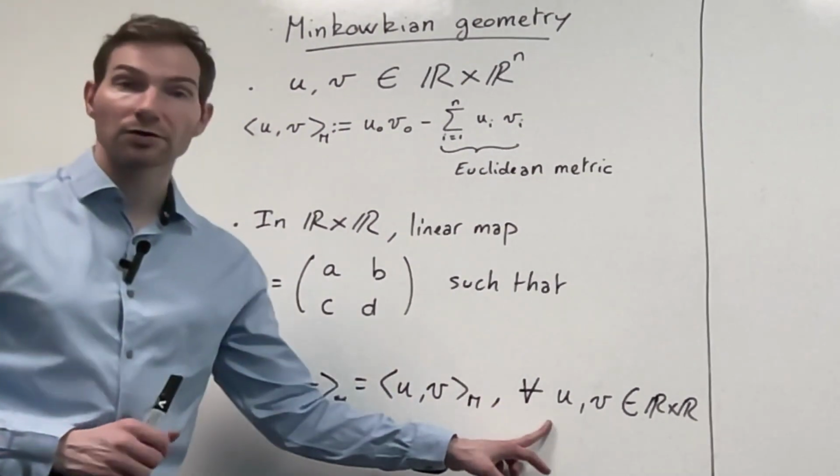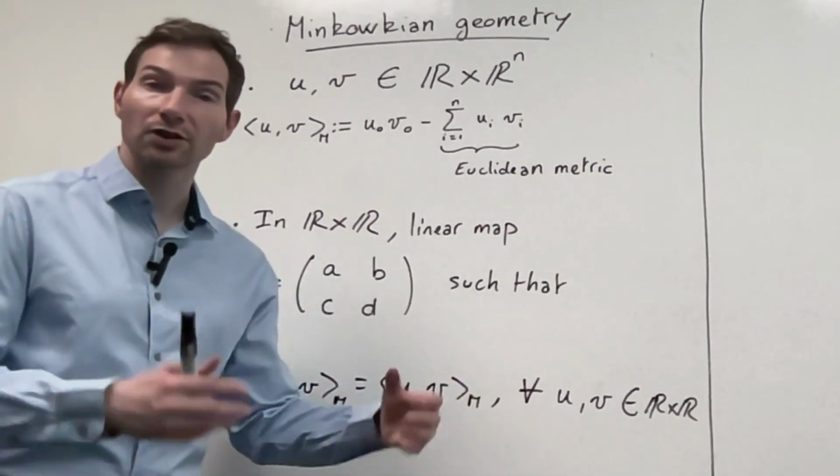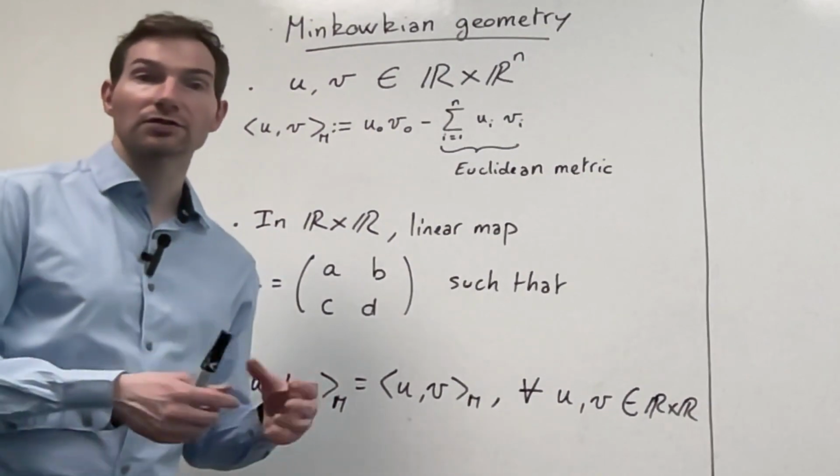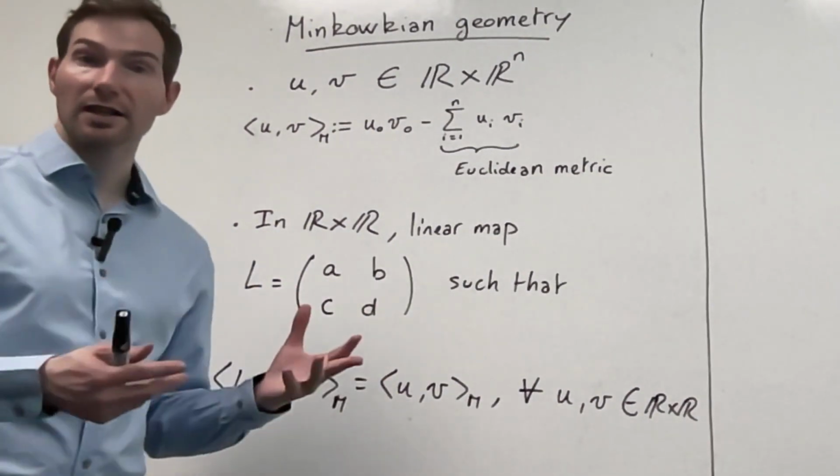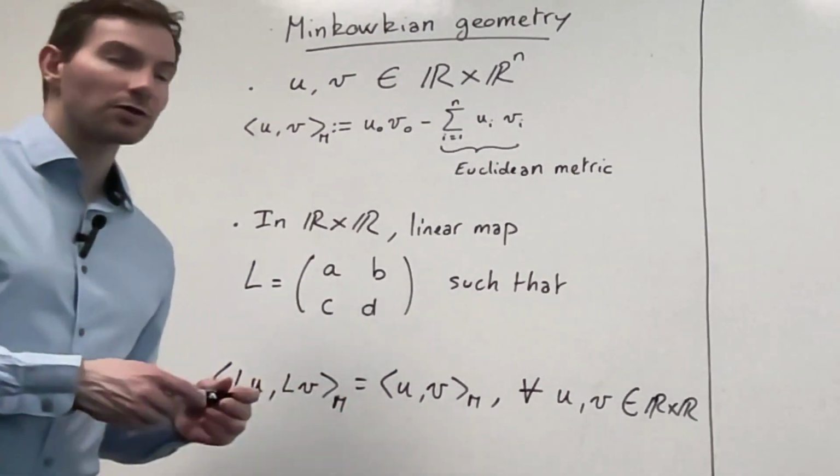And this has to be true for any u and v. So we are going to obtain equations for A, B, C, and D instead. Okay, so let's have a look at what that gives.